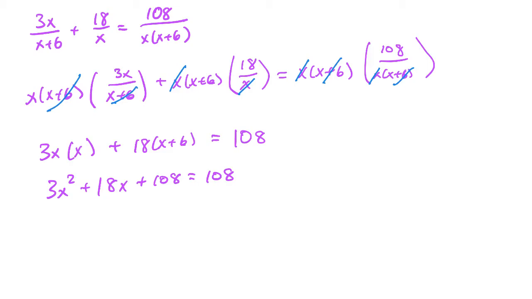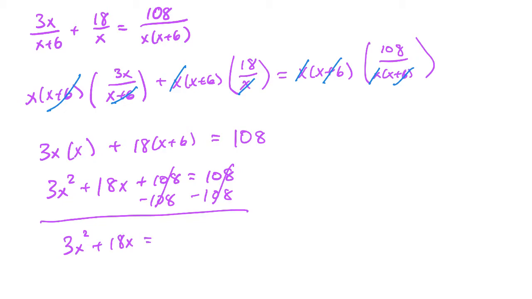Now when I subtract 108 on both sides, those cancel out, and I get 3x squared plus 18x is equal to 0.